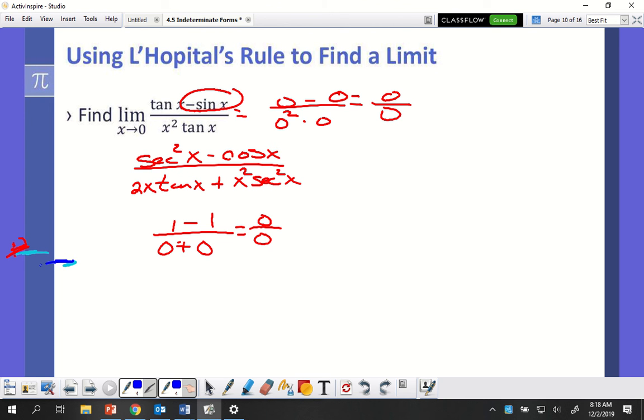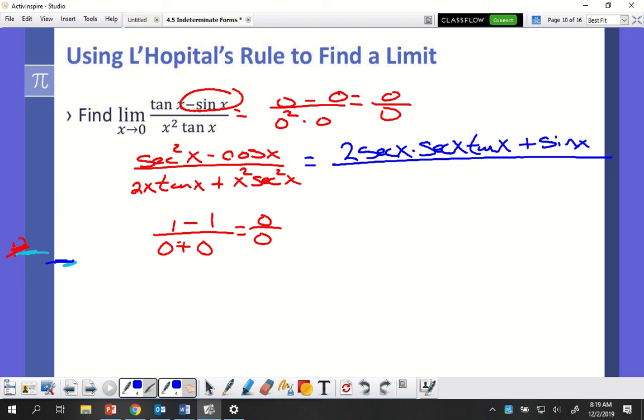Okay, so derivative of secant. What's the derivative of secant? Secant tangent. And this is going to be the derivative of negative cosine, positive sine, right? Okay. The bottom's going to look kind of ugly because I got two products, right?